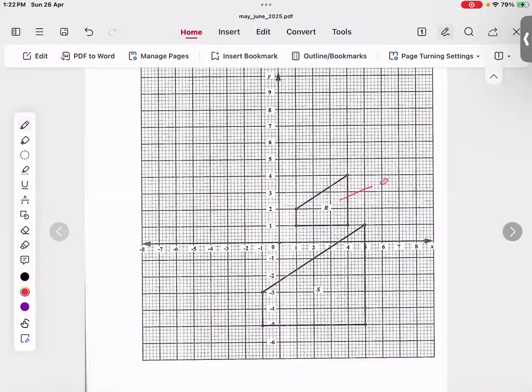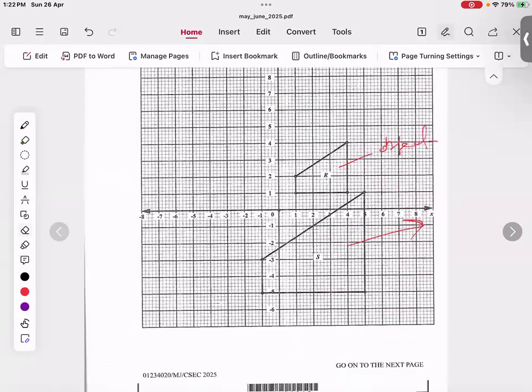So this shape is the object, and this is the image. What do you think would have caused R to become S? Enlargement. All right, enlargement. Anybody disagree or does everybody agree? Antonia says enlargement.